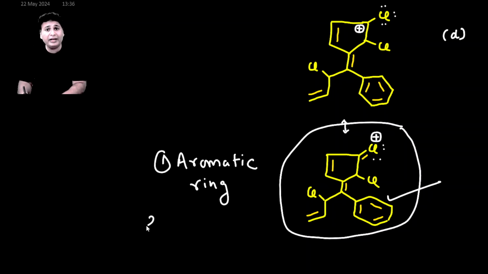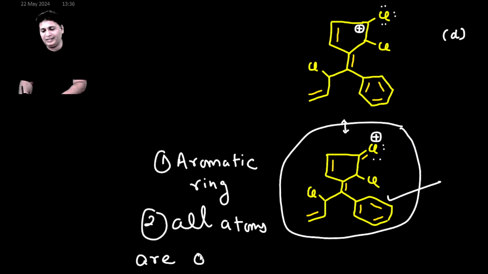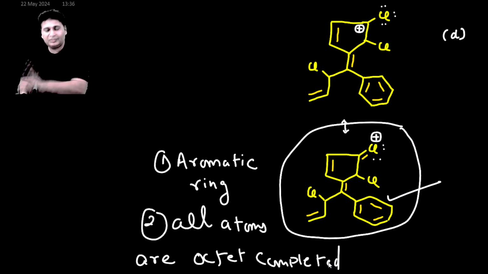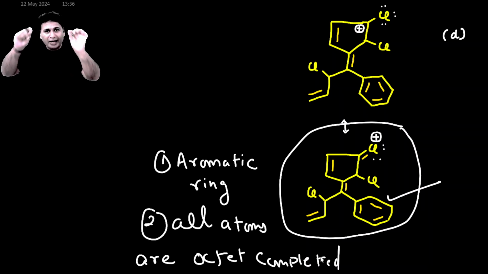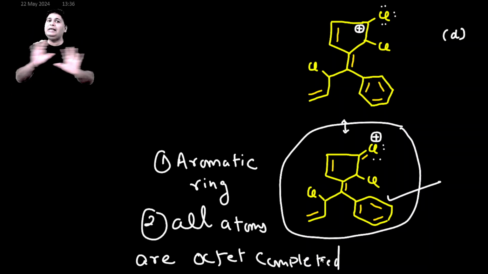The second very important thing is, all atoms have completed octet. Now this is an amazing thing which you have not got till this point. This is the only structure which has aromaticity also, and all the atoms will have completed octet.